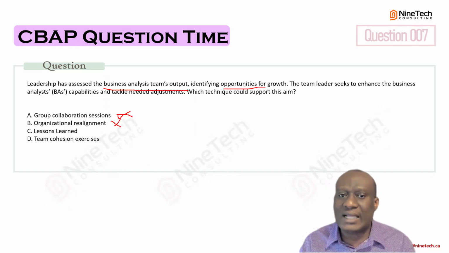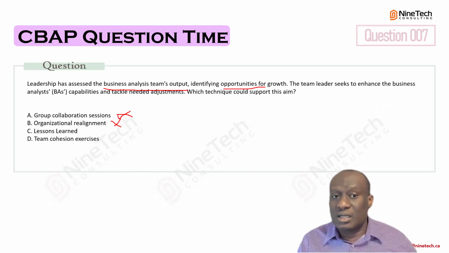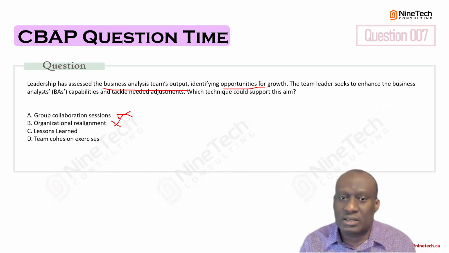Lessons learned. Exactly. The technique that can help here is lessons learned, because from lessons learned, we can see issues and we can see likely remedies. I know that this technique will support this aim. So lessons learned is the right answer.